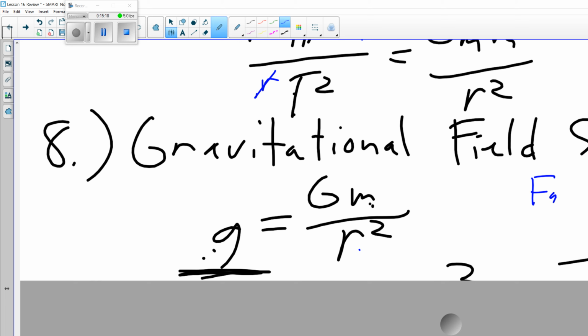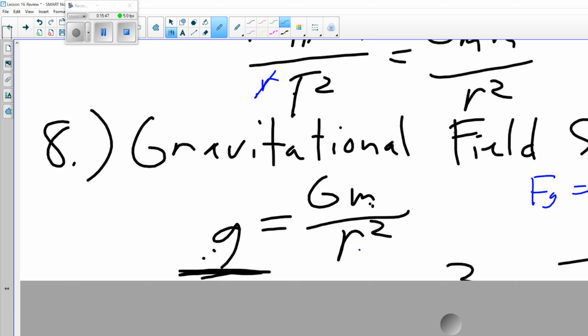Force of gravity equals force of gravity. Well, they better, right? I mean, they're the same thing. So really what we're saying with this situation is this: m times g equals big G times M1 times M2 over r squared, and this is M2.